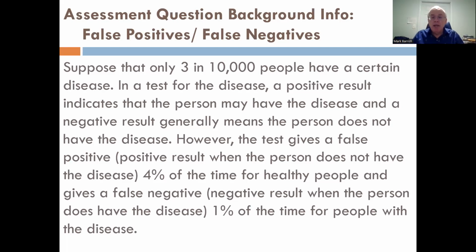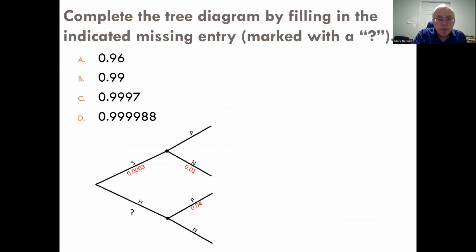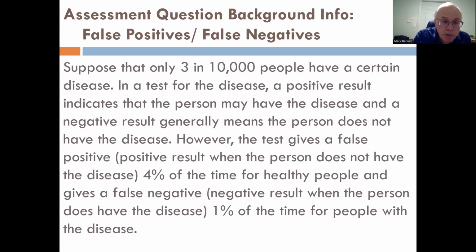All right, so many times when we want to calculate probabilities using false positives and false negatives, we use the conditional probability. So let's look at this for example. It says, suppose that 3 in 10,000 people have a certain disease. So they use the event S for a disease.